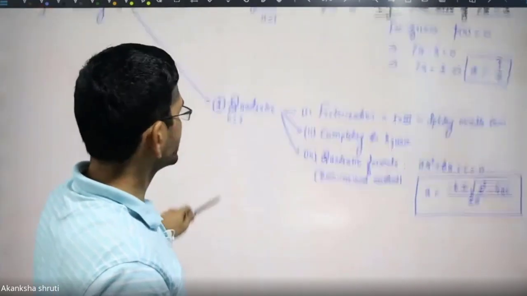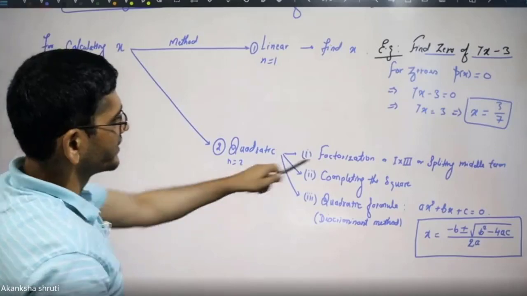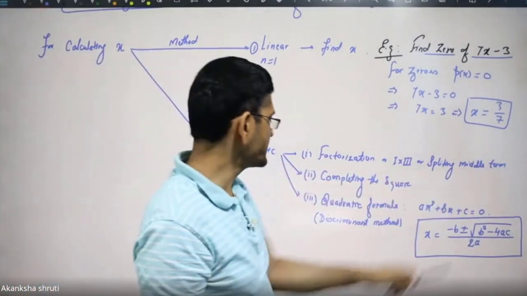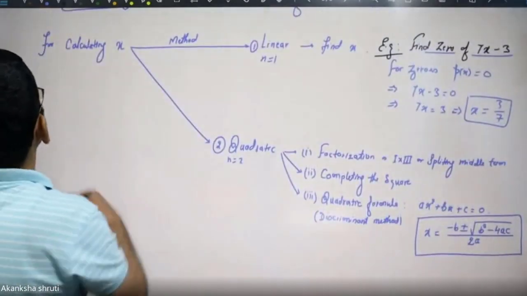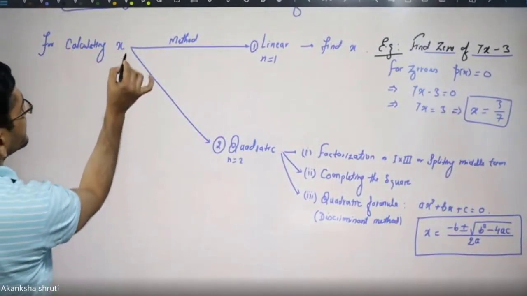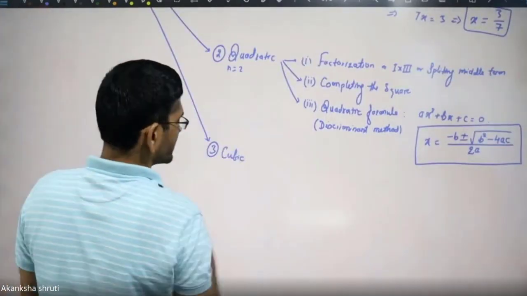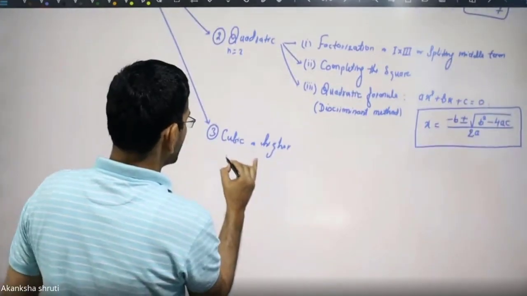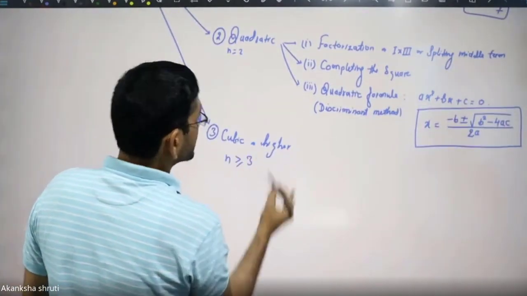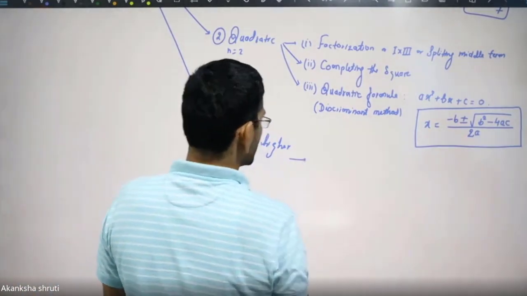So these are the three methods. For the cubic, the factorization method is the best one. For cubic, biquadratic, or higher polynomials, where n is greater than or equal to 3, there is only one universal method.